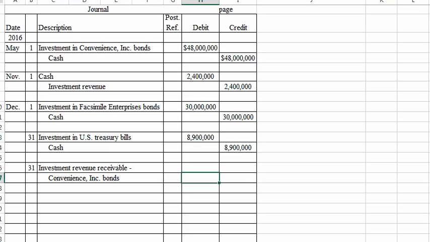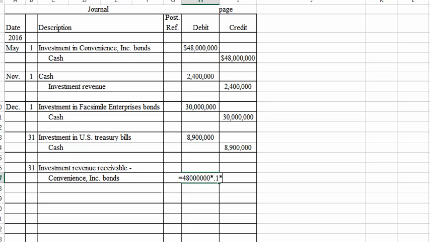Okay, now how much interest have we earned? Well, let's see. We received semi-annual interest on November 1st, so we've had 2 months of interest to build up since then. The bonds were $48 million bonds, so it's going to be equal to $48 million times the rate on the bonds, 10%.